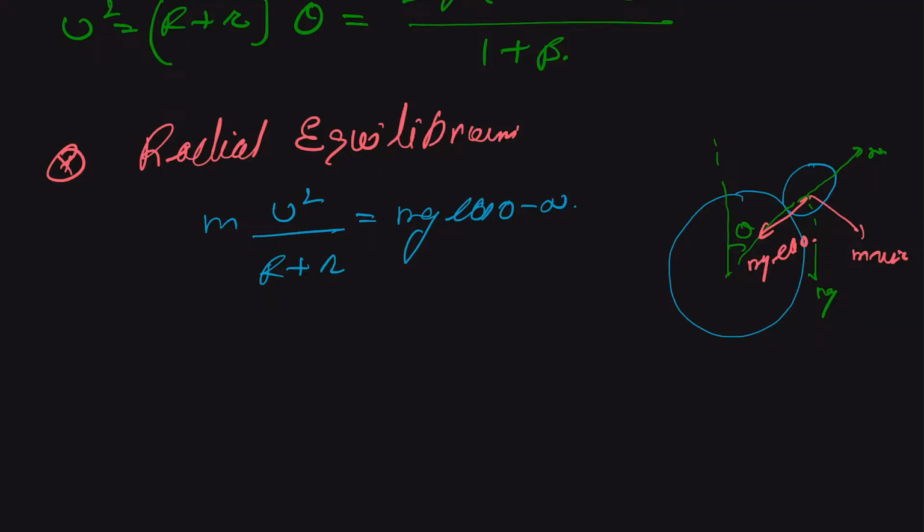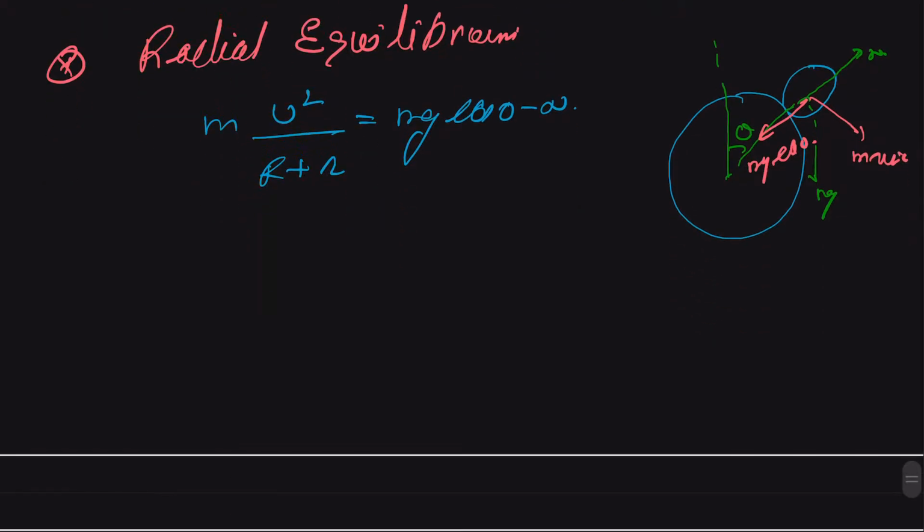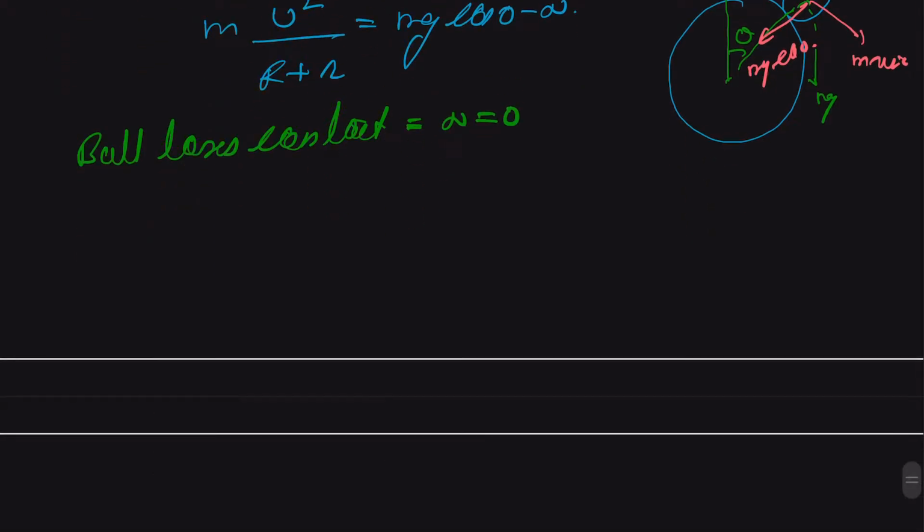Okay, and for lift off, obviously the value of N will be equal to 0. So we can say that for the ball to lose contact, the value of N is equal to 0.